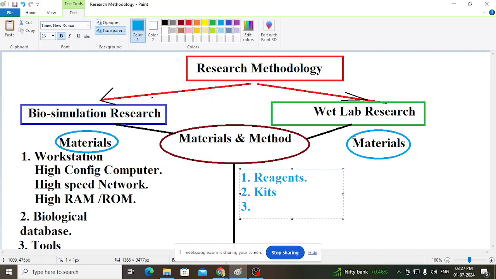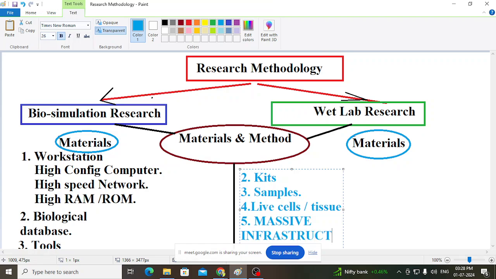Then we will need samples. Then many a times, not always, live cells or tissue. Then we will need, and we will write it like this, massive infrastructure.